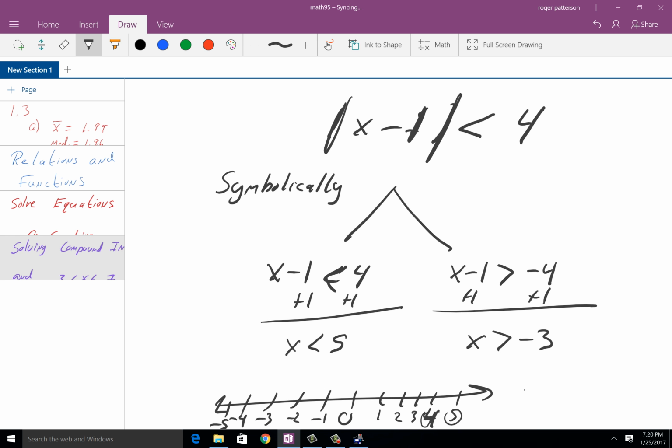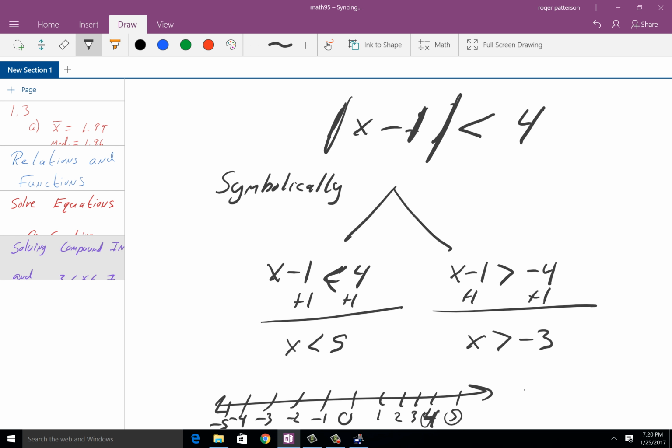So we switch that. Now, then this kind of becomes an interesting problem. So x is less than 5, so that's going to be all these numbers. X is greater than -3, that's going to be all these numbers. What kind of a problem does that look like? Yep. And that's what this one is. This is an and problem.